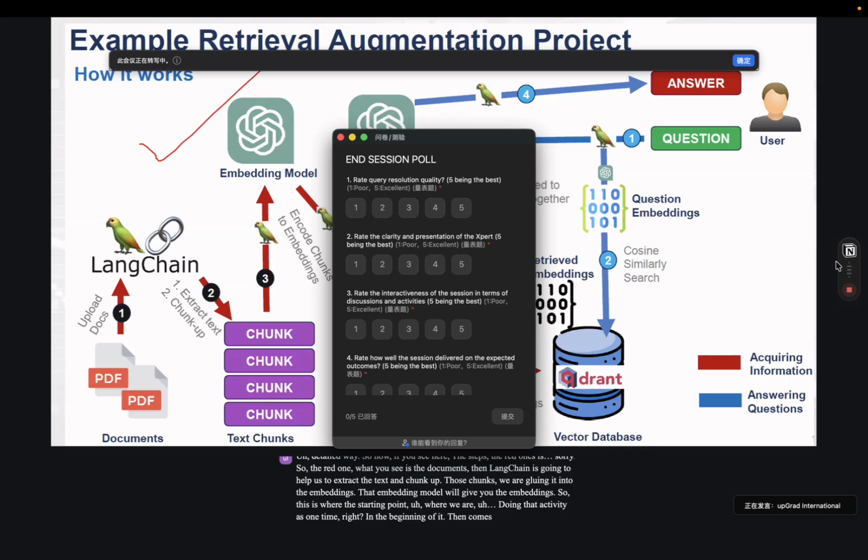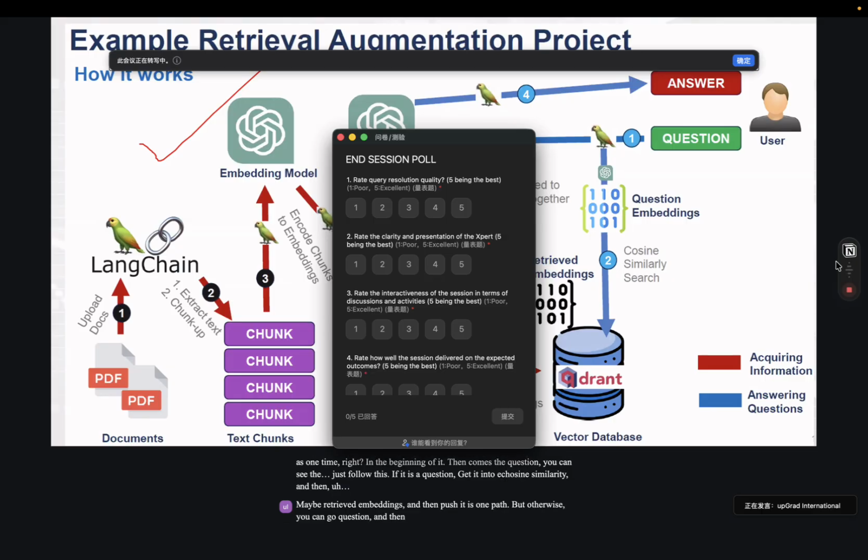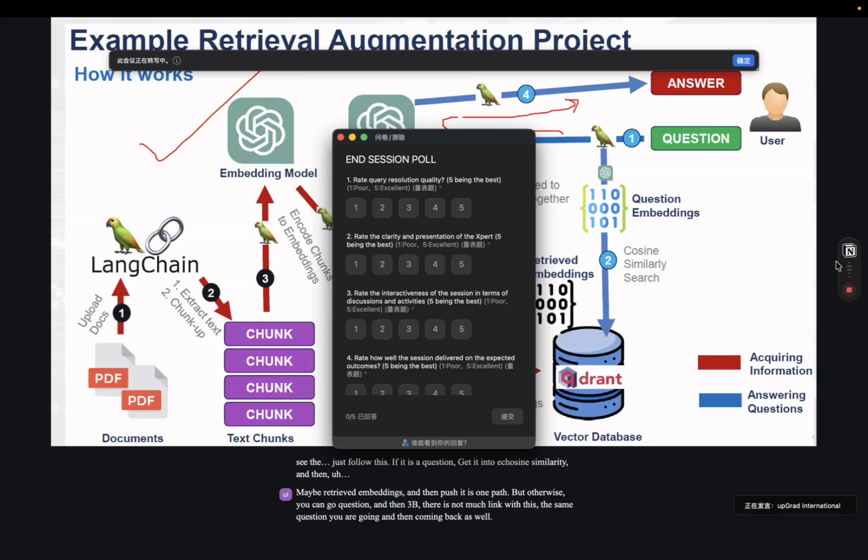Then comes the question. Just follow this. If it is a question, it goes into cosine similarity, and then maybe the retrieved embeddings, and then we push it. That is one path. But otherwise, you can go from the question directly to the LLM, with not much link to this. The same question goes and comes back as well. That is another path. What is important here is that acquiring information is in these 1, 2, 3, 4 steps.